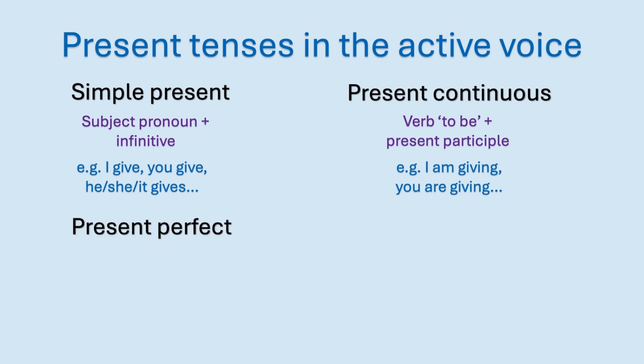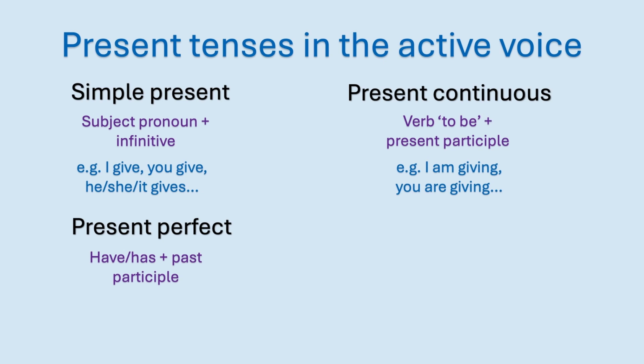Present perfect. This is have or has plus the past participle. For regular verbs, the past participle involves adding ed to the infinitive. This can differ when using irregular verbs.